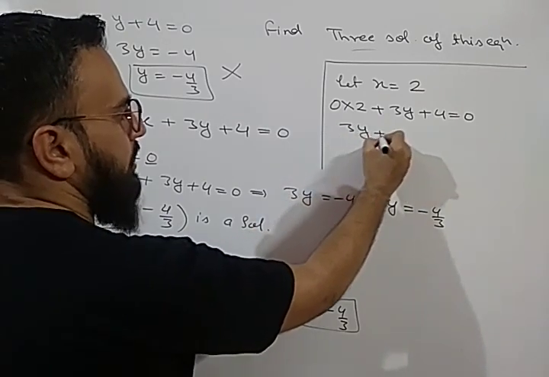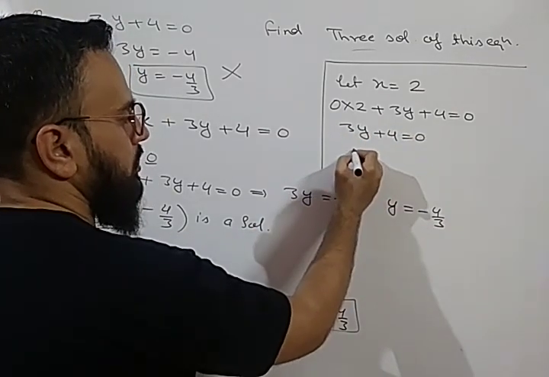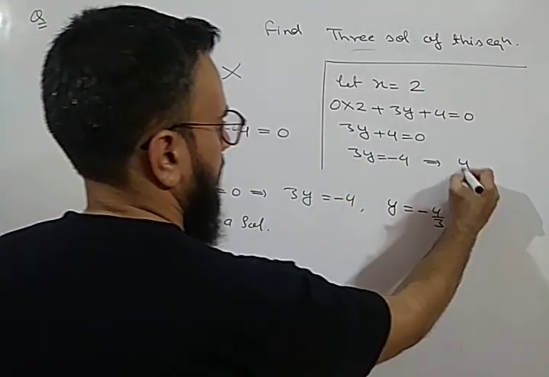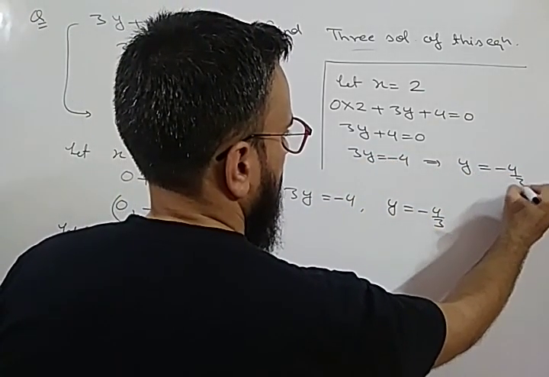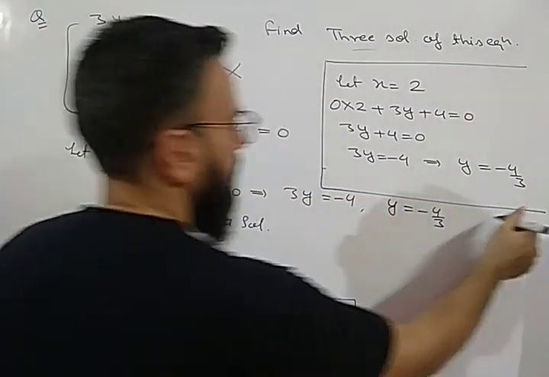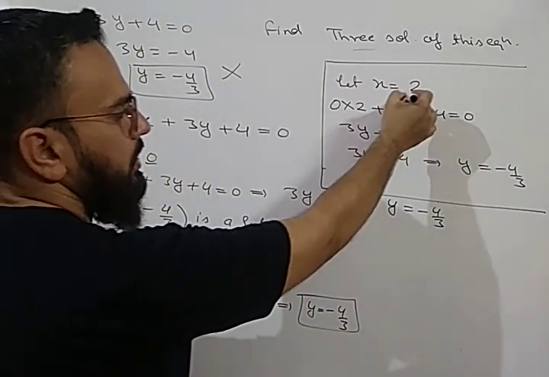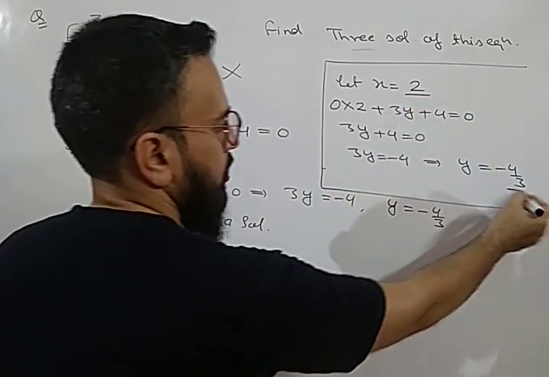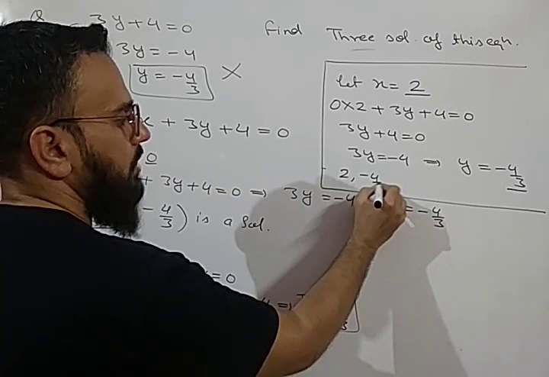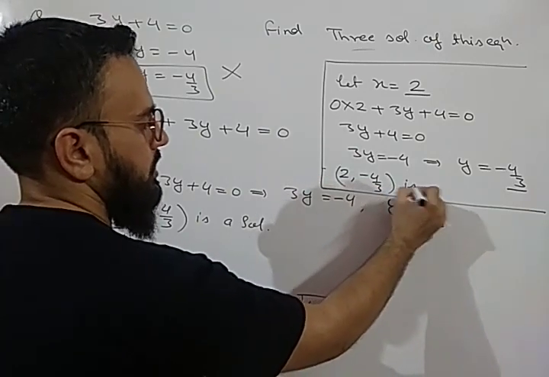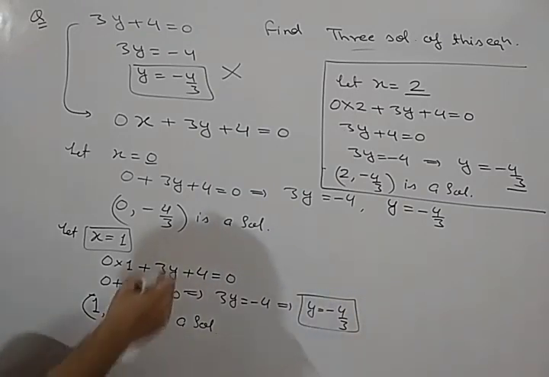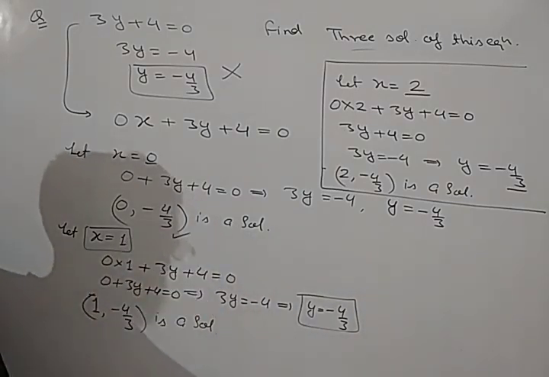So we will get 3y plus 4 equal to 0, or 3y is equal to minus 4, or the value of y will be equal to minus 4 by 3. Clear? So again, what will be the ordered pair? The value of x is 2, value of y is minus 4 by 3. So the answer will be 2 comma minus 4 by 3. It is a solution. So we have got all the three solutions. The first solution is 0 comma minus 4 by 3.